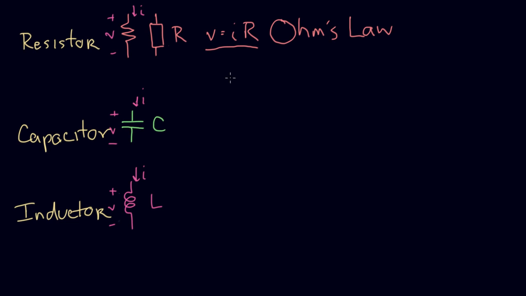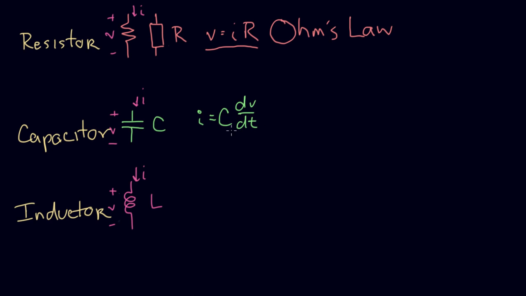Now the IV relationship for the capacitor has the property that the current through the capacitor is proportional to the rate of change of the voltage. Not to the voltage, but to the rate of change of the voltage. And the way we write that is current equals C, the proportionality constant, times dV dt.